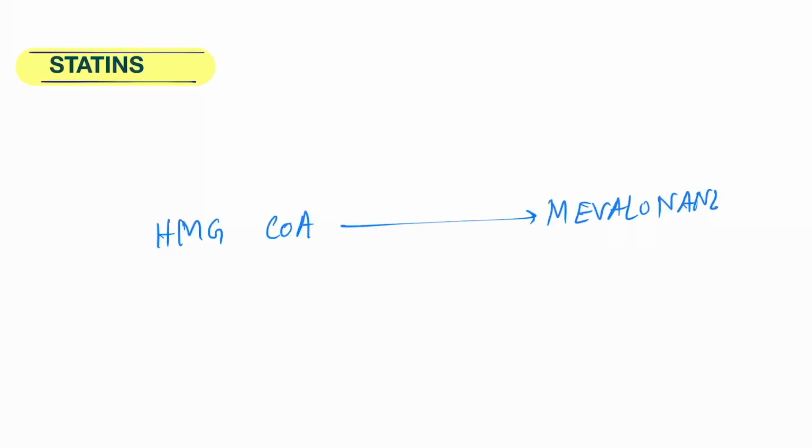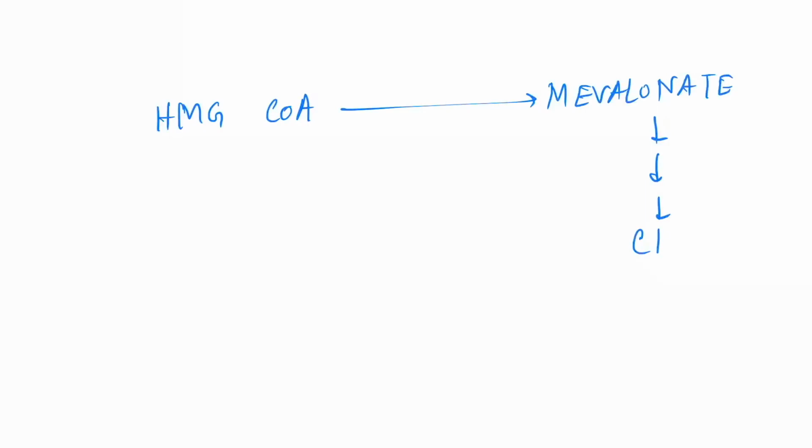So first one is the statins. First see the mechanism of action. Normally HMG CoA is transferred to mevalonate, and through further many steps it converts into cholesterol.